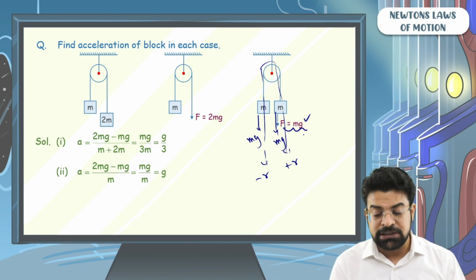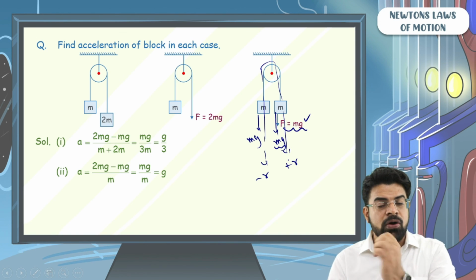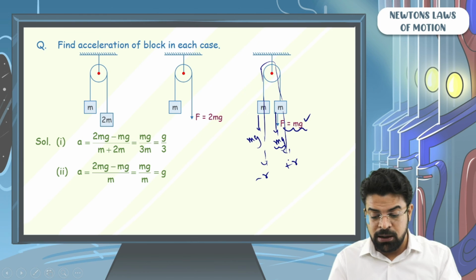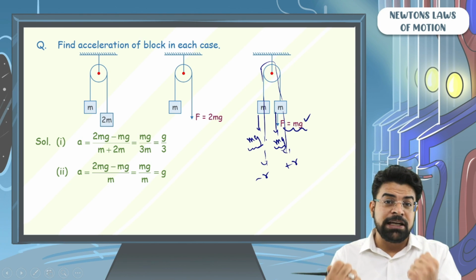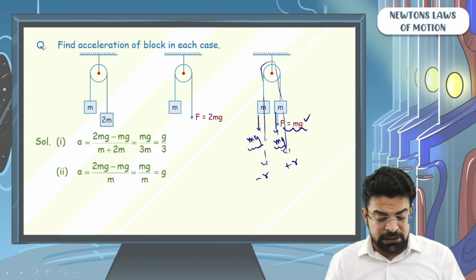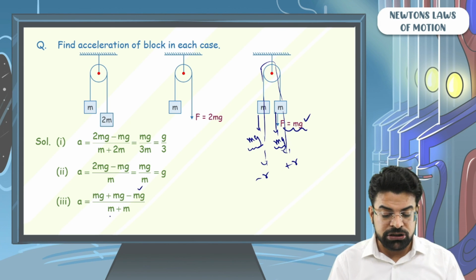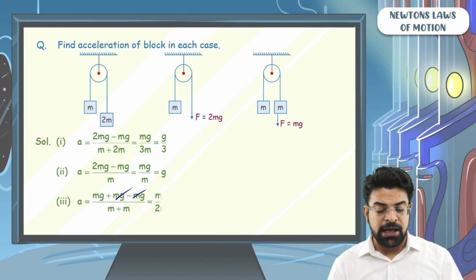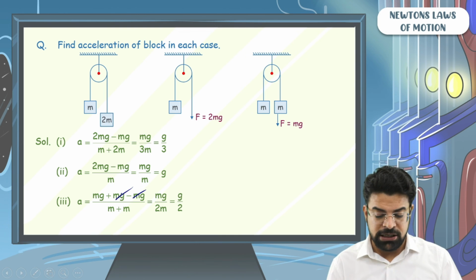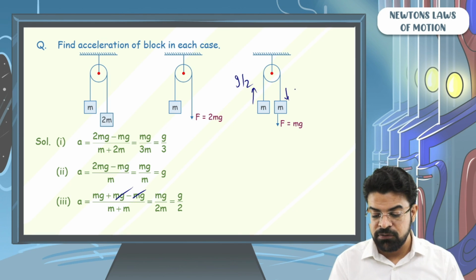These two forces, the external force and the weight of the right block, are trying to move it towards positive y, while the weight of the left block is trying to move it towards negative y. So the net acceleration has to be equal to 2mg minus mg upon the overall mass of the system, that is m plus m, 2m. So mg and mg get cancelled, mg by 2m. So the acceleration has to be g by 2. So this one will go up with an acceleration g by 2, and this one will go down with an acceleration g by 2.